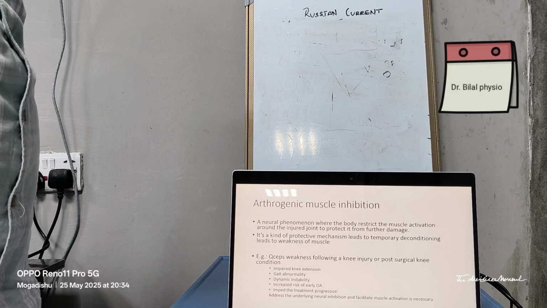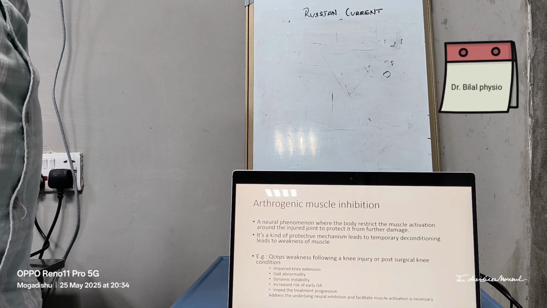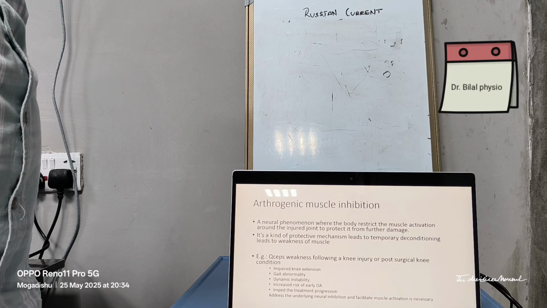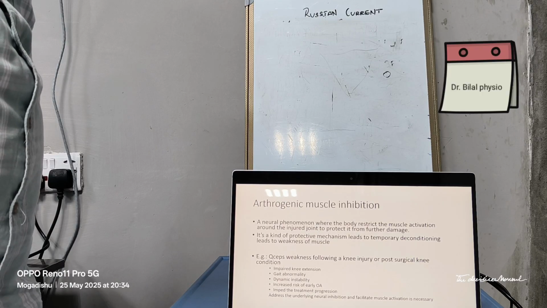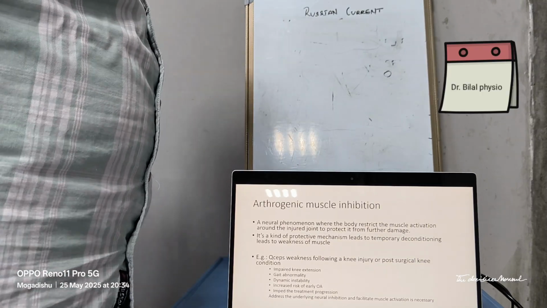This is because of muscle atrophy. We may get an imbalance and put more pressure on the uninhibited leg. This may cause compression of the meniscus and early degeneration may get started. This will also impede the progression of the treatment.